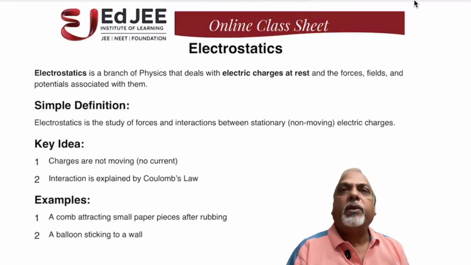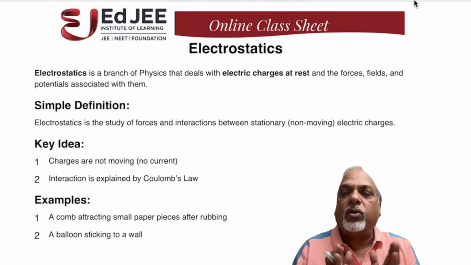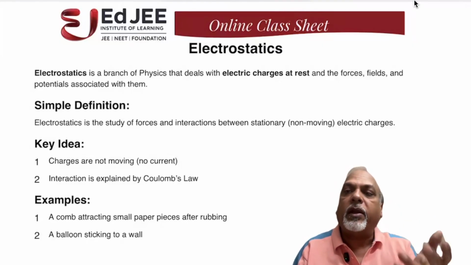So what it means is, electrostatics is basically a branch where we will study about electric charges, and the two electric charges which are at rest, meaning they are stationary charges, correct? And when they are stationary, then on each other they will have forces.